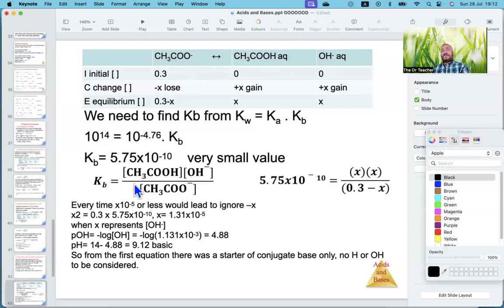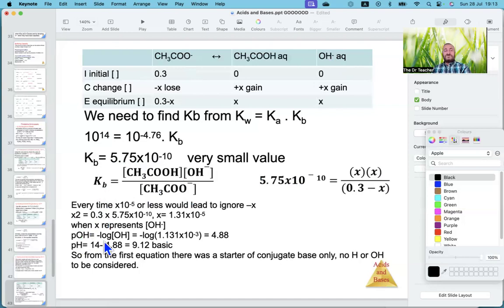And now Kb, we have it as 5 times 10 to the power minus 10, which is very little, equals x times x over 0.3 minus x. Similarly, if you divide the initial concentration by the Kb, it will be large, so you can ignore the minus x. You go with the pOH because we are dealing with Kb.